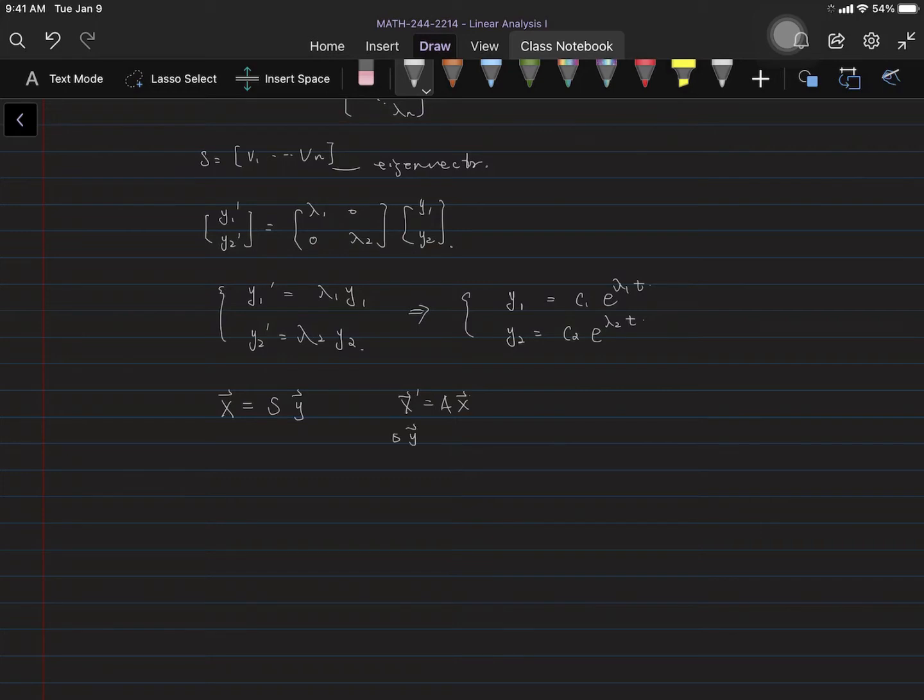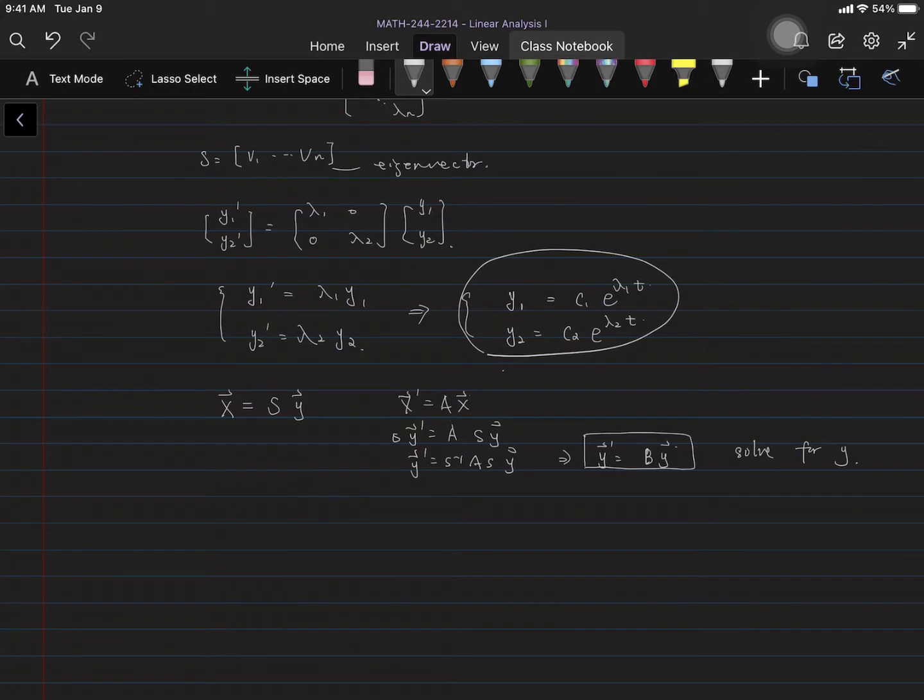So S y prime equals A S y, and y prime equals S inverse A S y. Also y prime equals B y. So actually we can solve for y in this linear system, and we can find the solution easily.